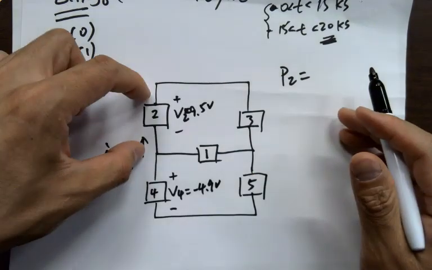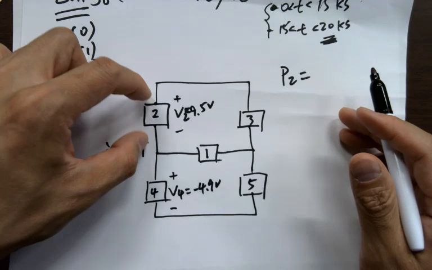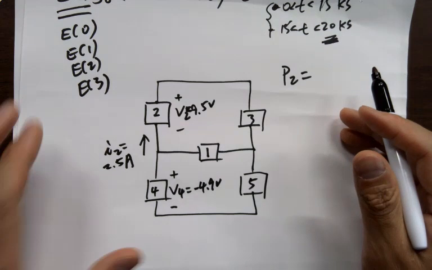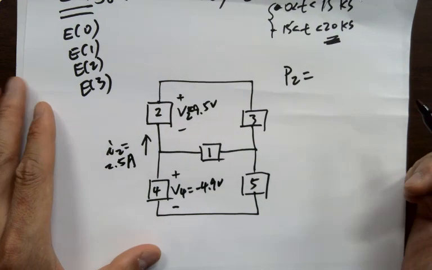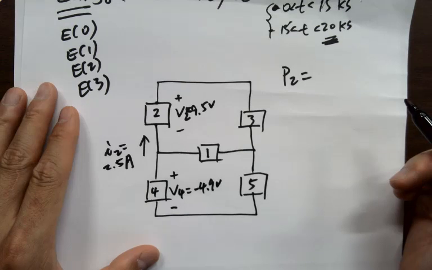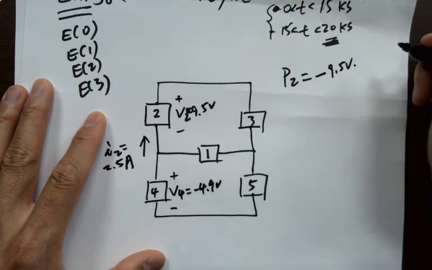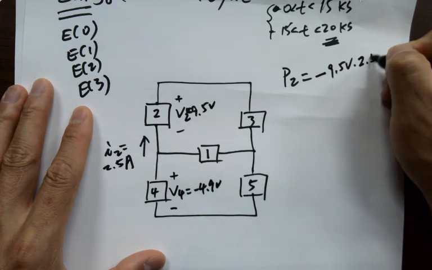This is the real voltage and real current physically in the circuit, right? Is the current flowing out of the anode or into the anode? It's going out, right? So it's going to be a negative power. It's 9.5 volts times 2.5 amps.